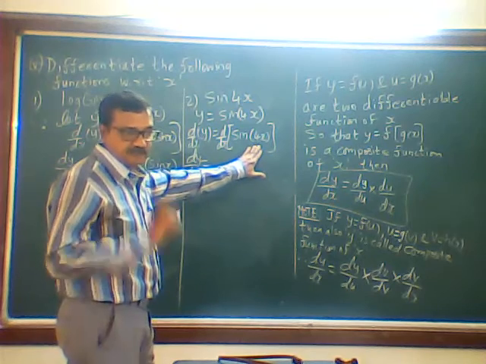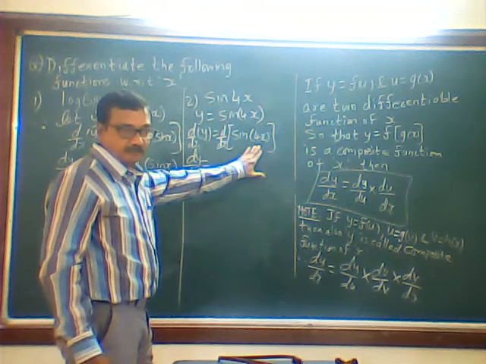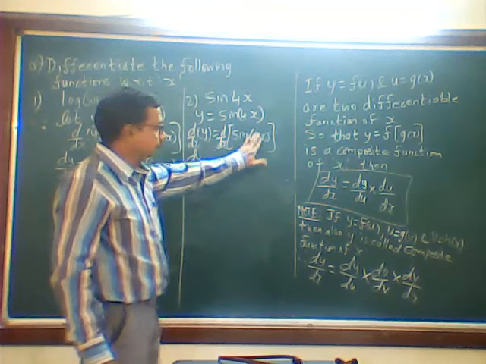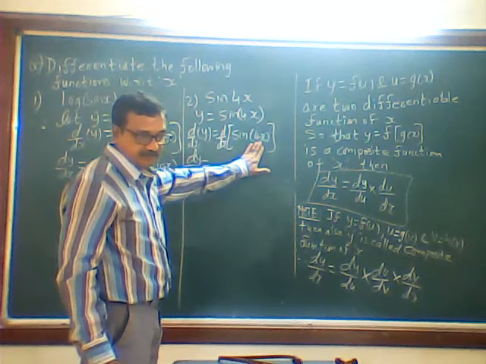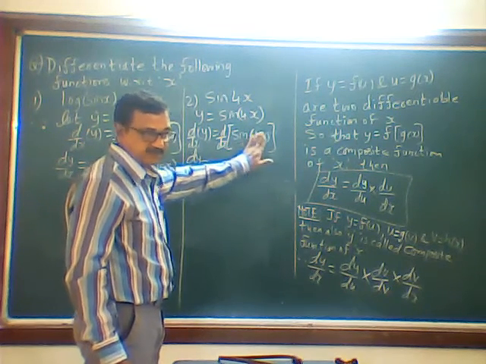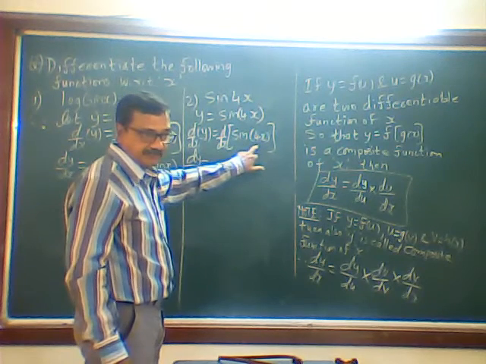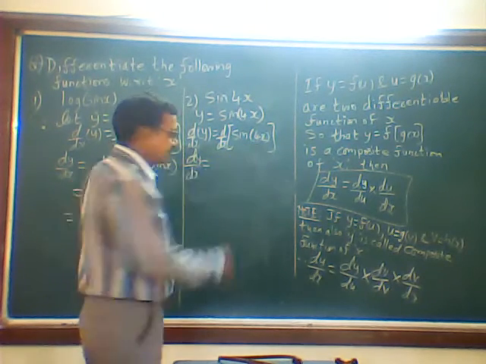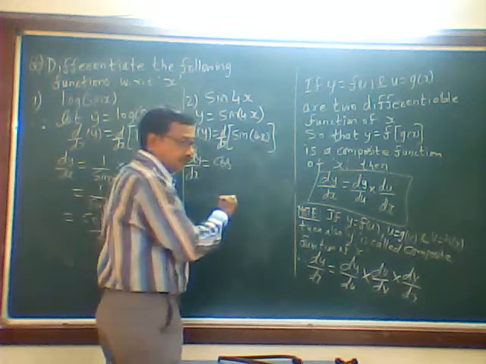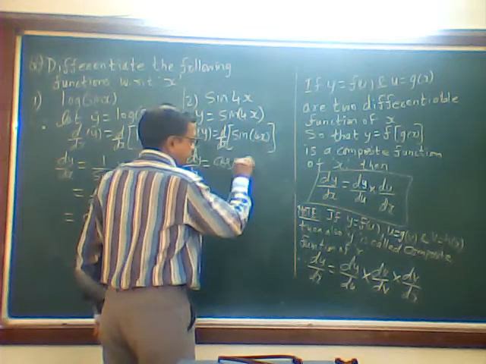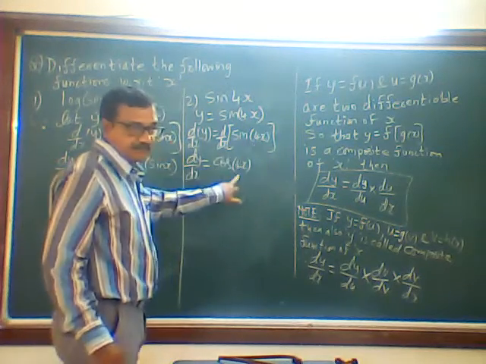I have given you sin x in your list of formulas. So for the time being, you think this 4x, assume it as x. So d by dx of sin x is what? Cos x. But while writing, don't write cos x, you write cos of 4x. What is given, that you write.